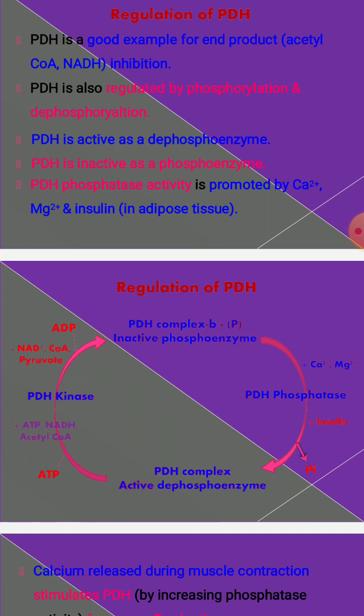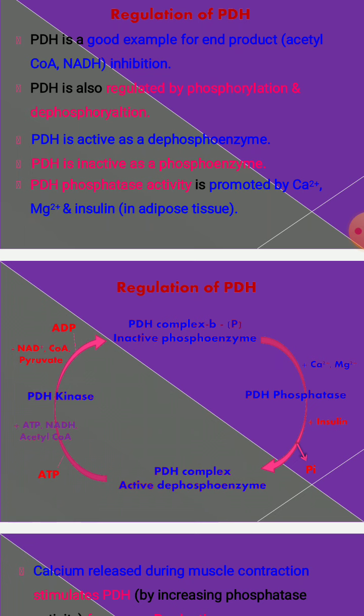This will be promoted by the activator molecules, that is ATP, NADH and acetyl CoA. These are going to activate or stimulate this PDH kinase to convert the active form to the inactive form. That means they are acting as activators of this PDH kinase.